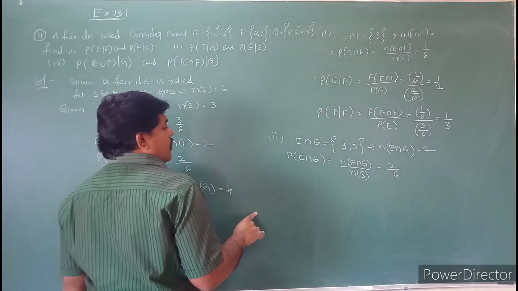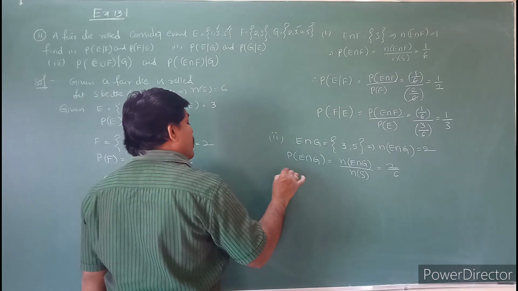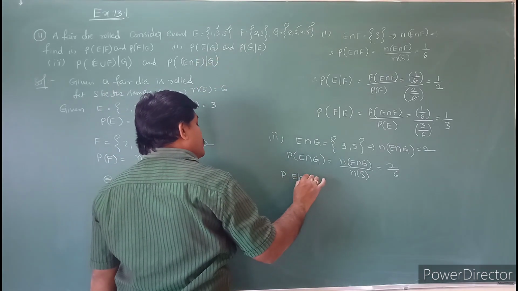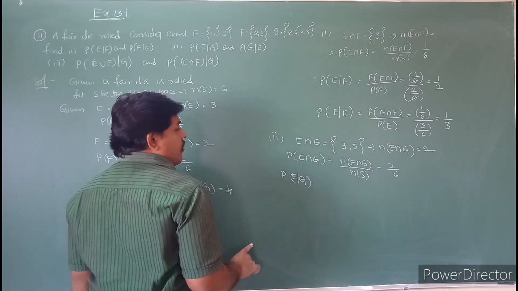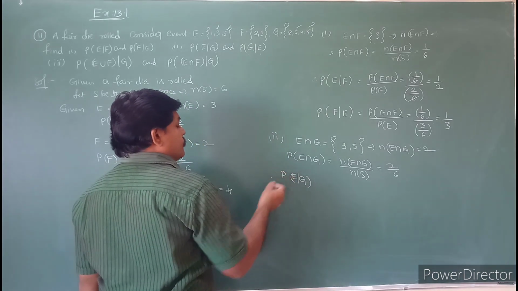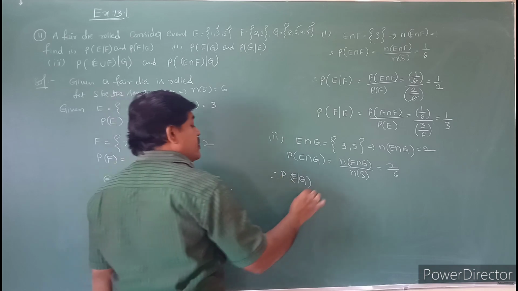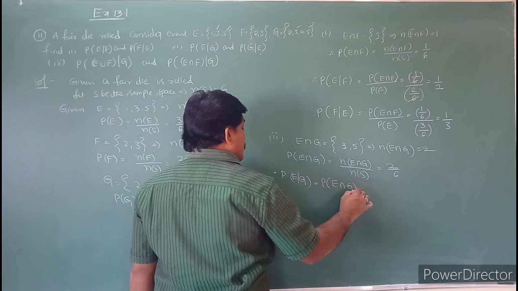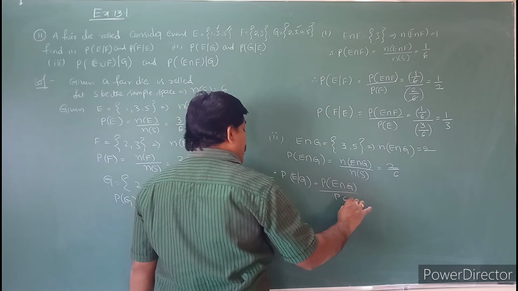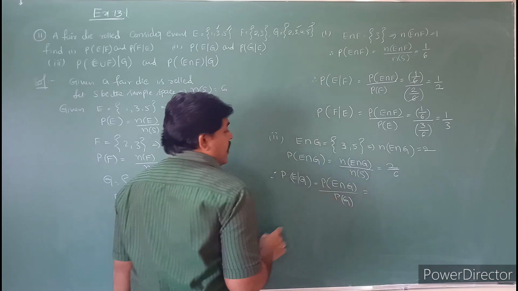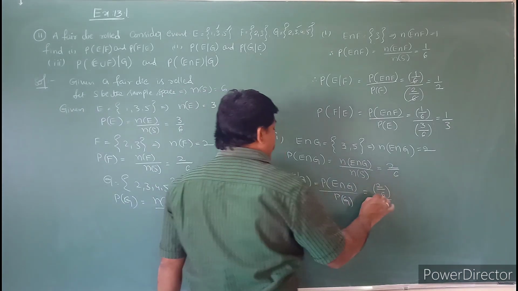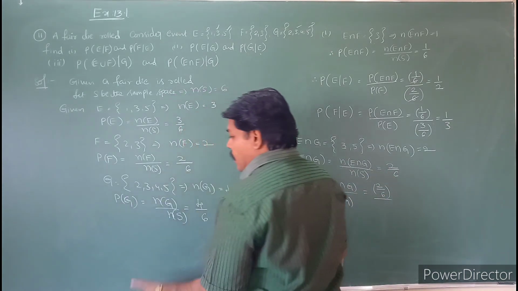So what are the questions? The first question is the probability of E given G. The probability of E given G is equal to the probability of E intersection G divided by the probability of G. The probability of E intersection G is 2 by 6, divided by P of G. What is P of G, students?